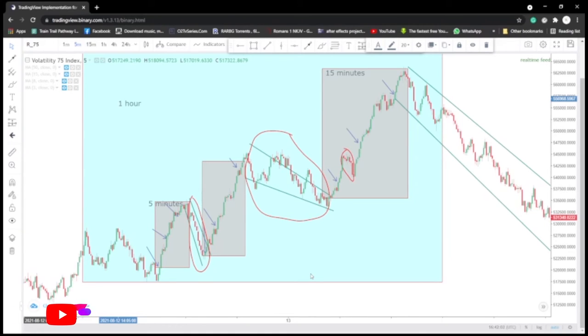You know, I have been a victim of this when I'm trading. Let's say I enter here. I see that the market is going up. I'm a newbie at that time, and I don't know how to trade.